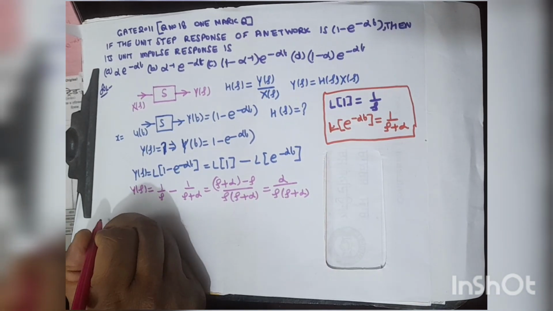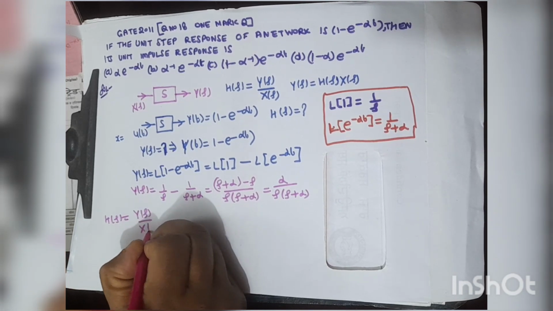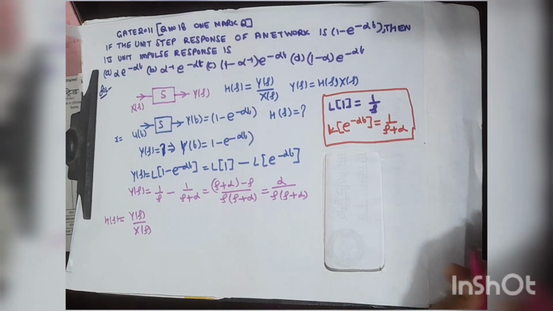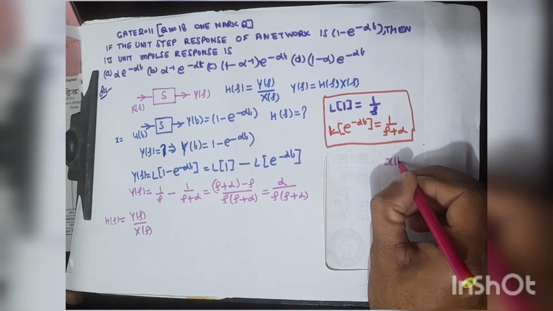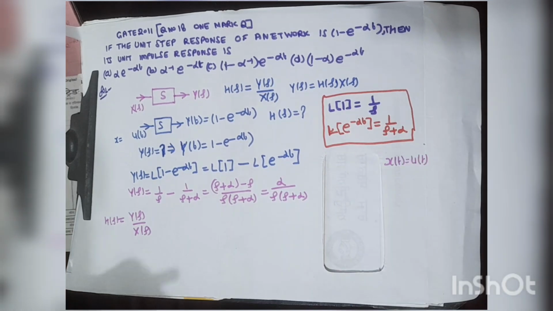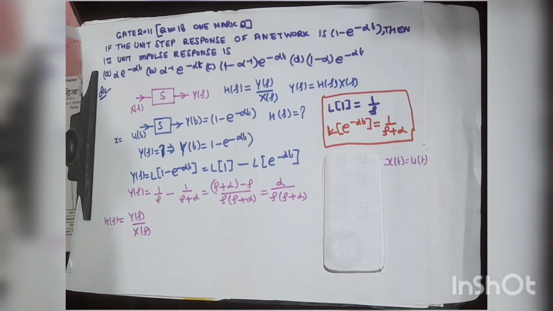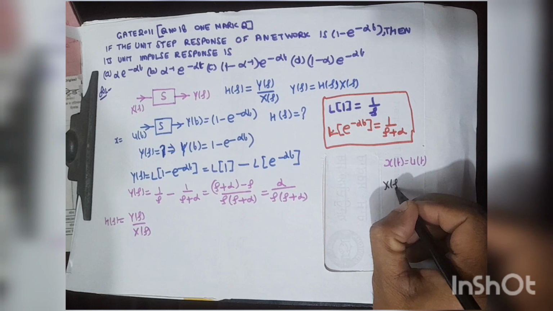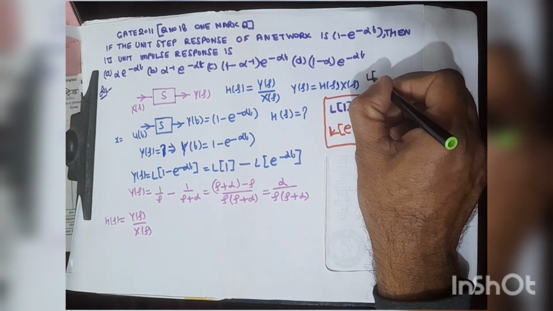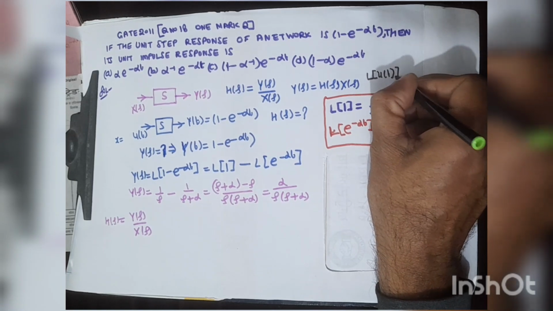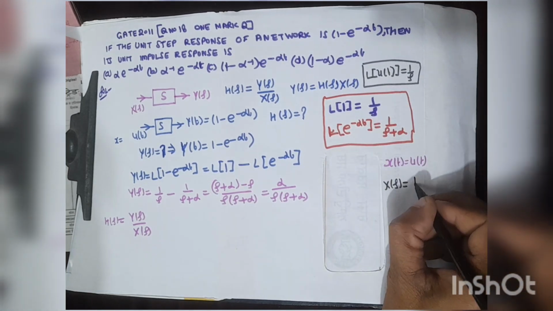So the transfer function of the system, H(s), will be Y(s) divided by X(s). It is given that the input signal is the unit step signal, so x(t) is equal to u(t). We know the Laplace transform of the unit step signal is 1 upon s, so X(s) will be 1 upon s.